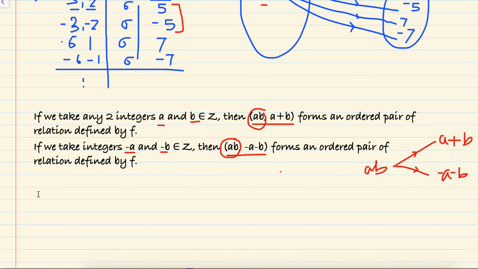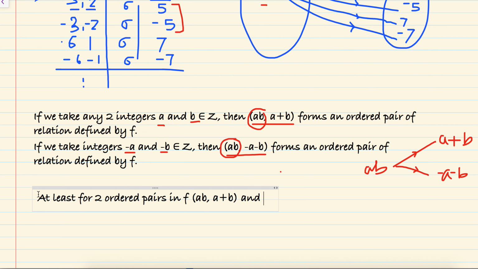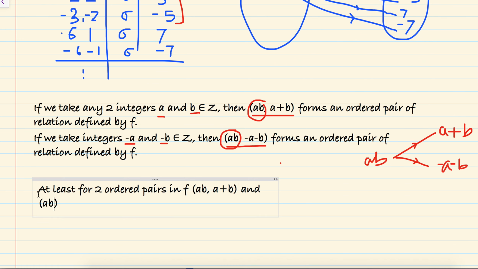So at least for two ordered pairs in F, AB is the first element.